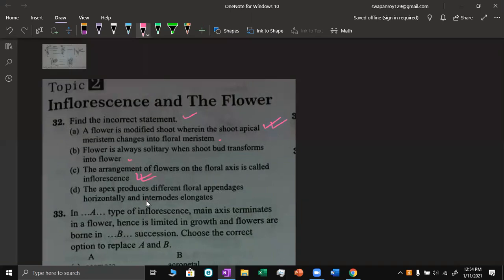No, these internodes are very short. This one is not correct. Initially, this one is correct. This is find the incorrect statement. This one, the flower is always solitary when a shoot bud transforms into a flower.